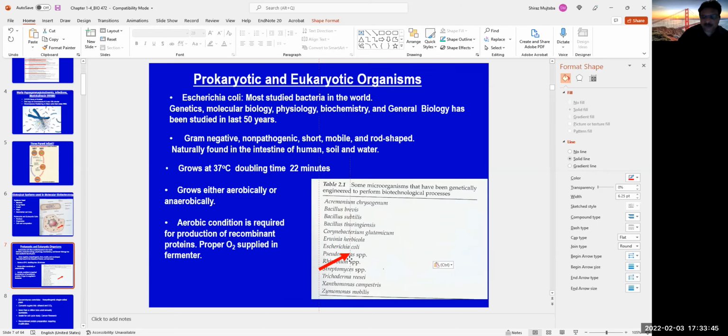For example, E. coli. E. coli is best suited for recombinant DNA technology. Then Erwinia herbicola could be used to make vitamin C. Rhizobium, I'm sorry, for nitrogen fixation. They can be genetically modified to increase the nitrogen cycle in plants, and so forth.